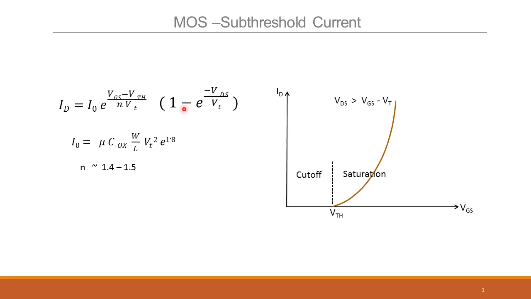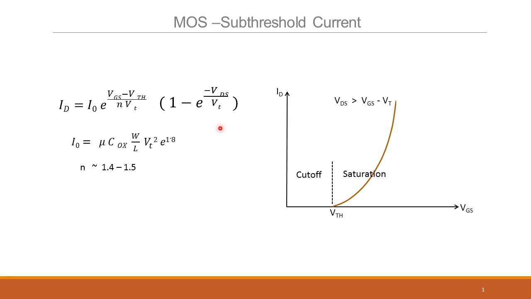So this equation will now be modified by multiplying by the factor 1 minus e power minus VDS by VT. So when VDS equal to 0, this term becomes 1, and 1 minus 1 will give me 0. So ID will become 0. And when VDS is a few tens of millivolts larger than the VT, which is just 26 millivolts, this factor almost goes down to 0.